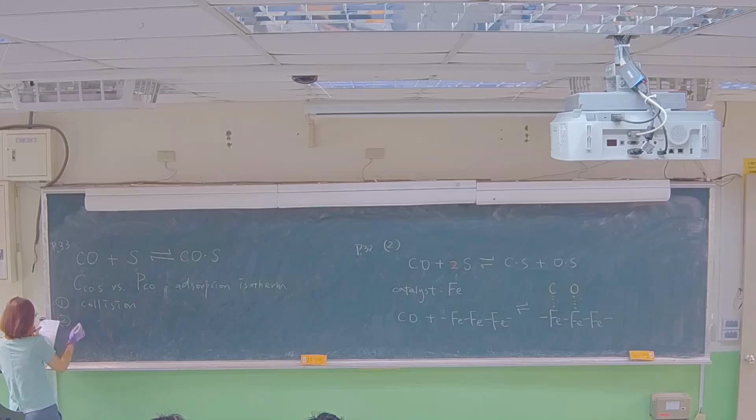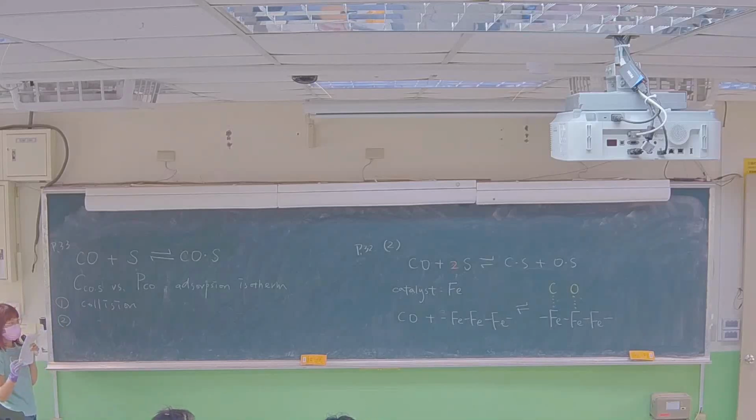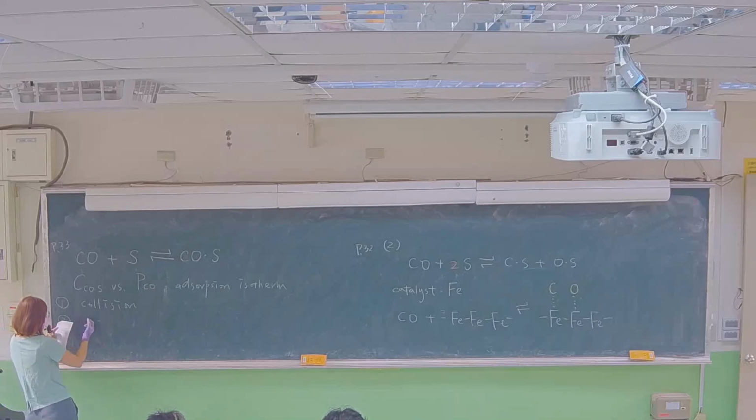Secondly, the collision rate is proportional to the partial pressure. The more CO present, the more collisions. The higher the concentration, the higher the collision count. So let's have a relation between pressure and the concentration.